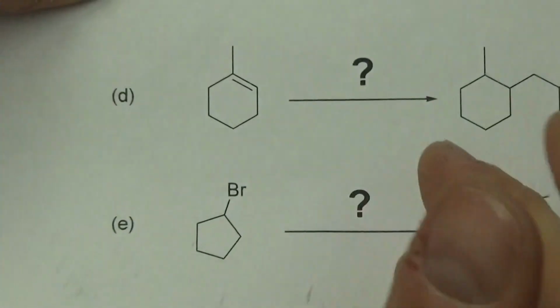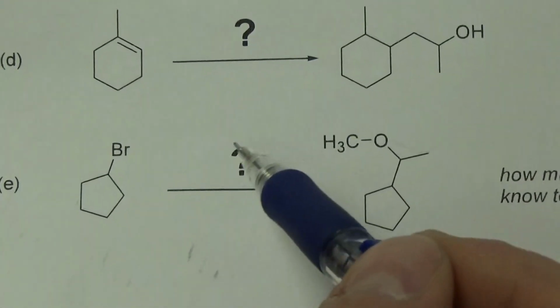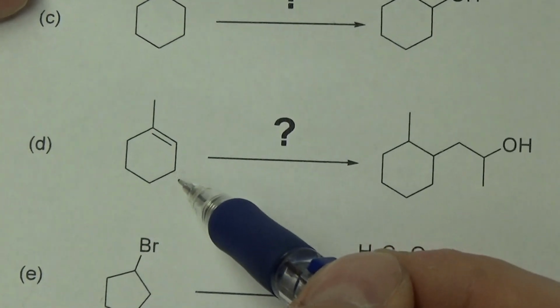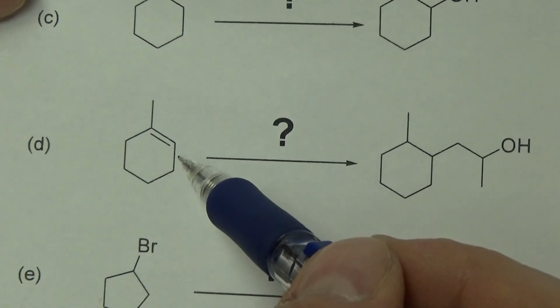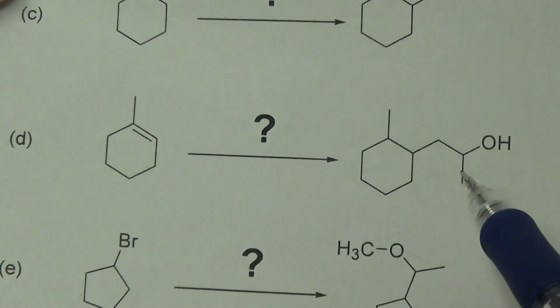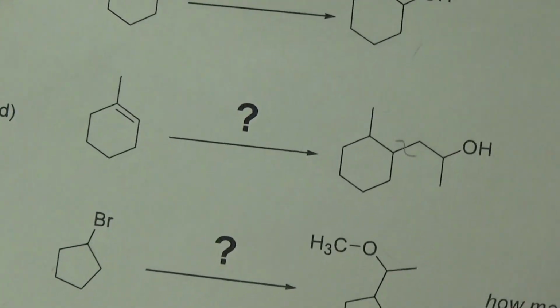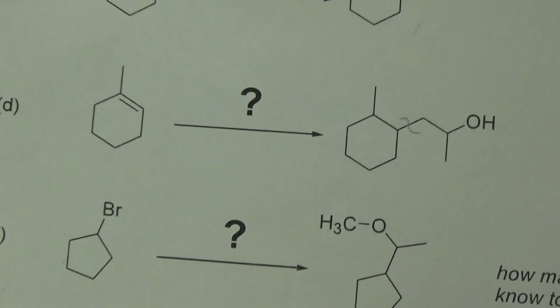D. So problem D looks like methylcyclohexene, and then we're forming, you can see we're attaching this little piece. Let's see if we can figure out how to do that. So I'll copy it now.